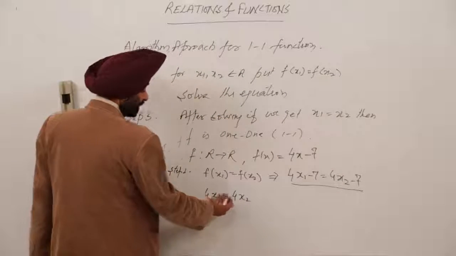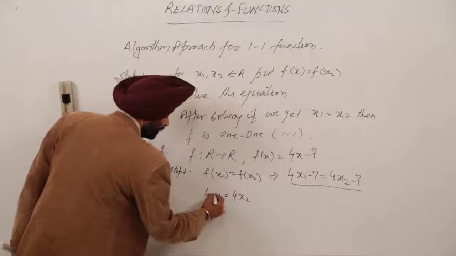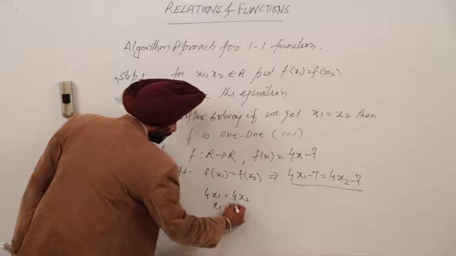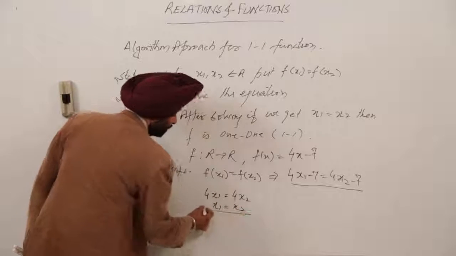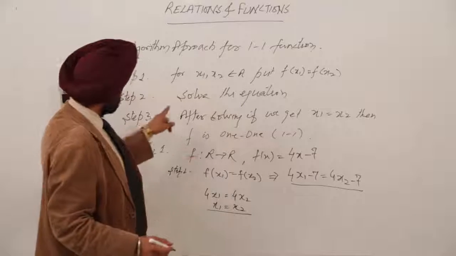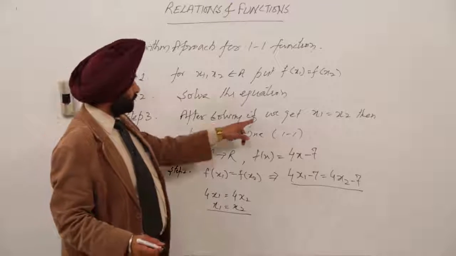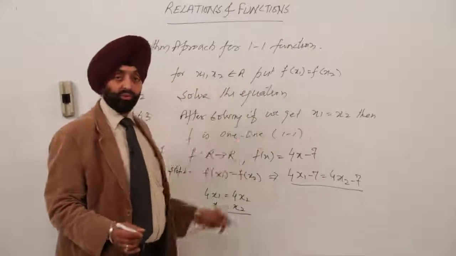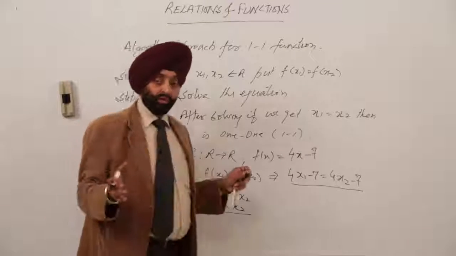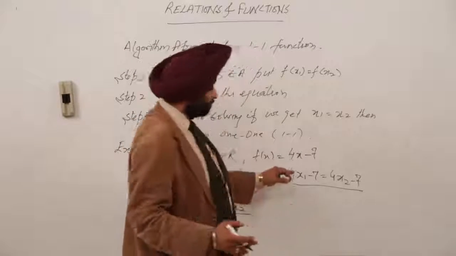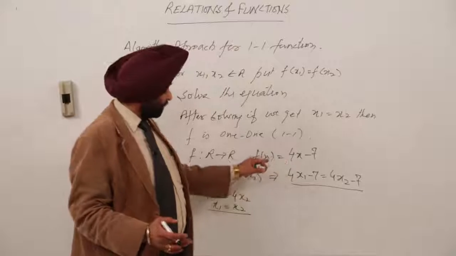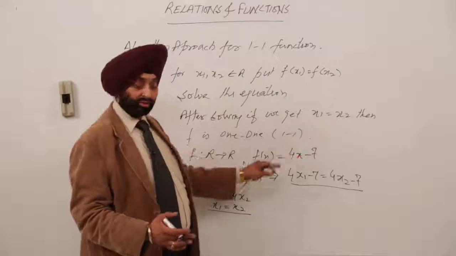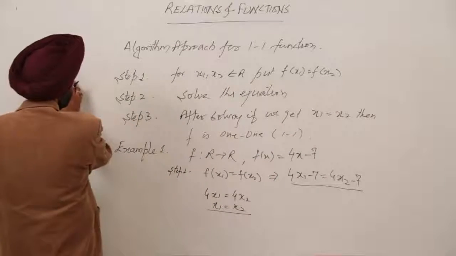So we are having 4x1 is equal to 4x2. Again 4 and 4 cancel. We are having x1 is equal to x2. So now the third step is, after solving, if we get x1 is equal to x2, then our function is what? It is a one-one function. So this example moves with the 4. If f(x) is equal to 4x minus 7, it is one-one.